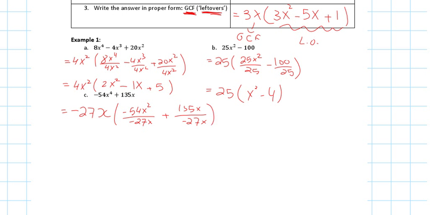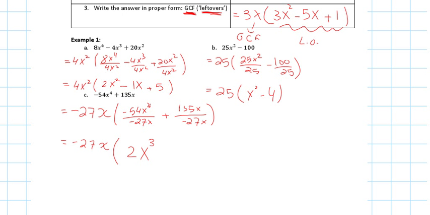Let's see what we have left. What do I have left when I divide negative 54 by negative 27? Positive 2, because negative divided by a negative is a positive. Sorry, it should be x to the 4. And what's x to the power of 4 divided by x? x cubed.